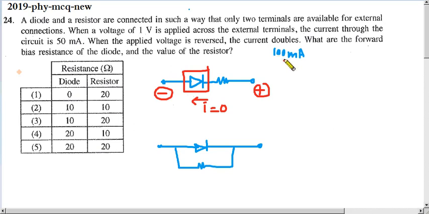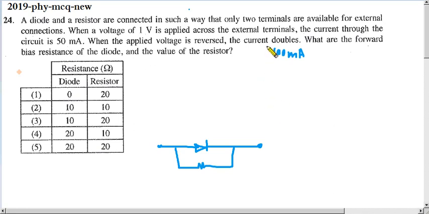At one time it must be 50, the next time 100. First time or second time, it doesn't matter. But here at one time the current is 0. So this combination is not the real combination that matches the problem. Therefore we delete it.